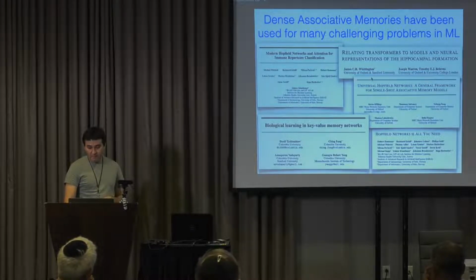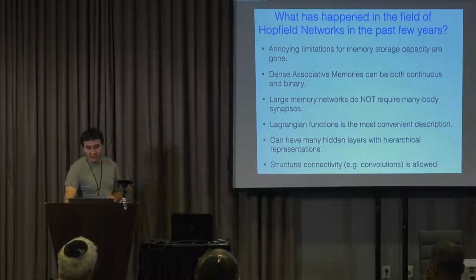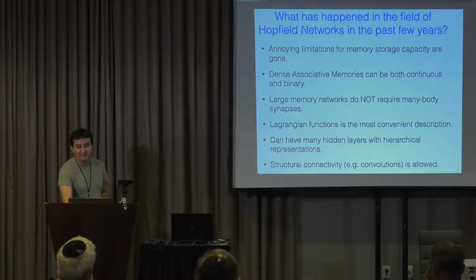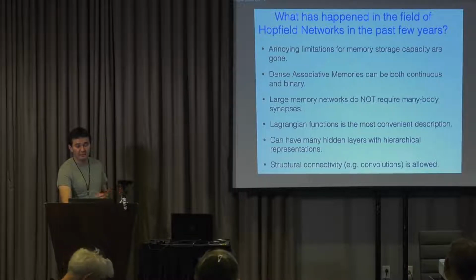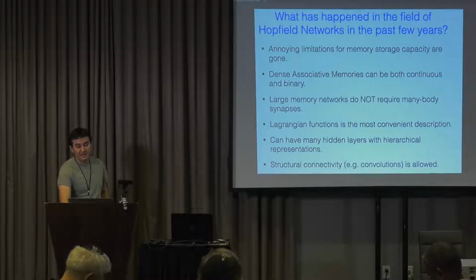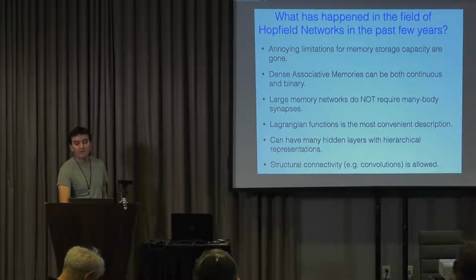So I don't think I have too much time. So if I had to summarize the several new developments that have happened in the past few years in this little field, what I would say is this. First of all, the annoying limitations for the memory storage capacity that we're all aware of, by and large, are gone. So in these new networks, you can write as many memories as you want.